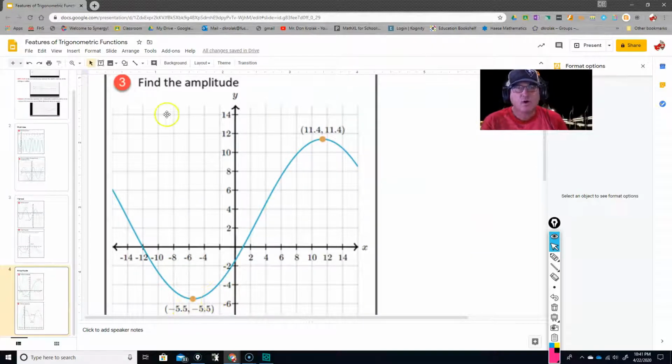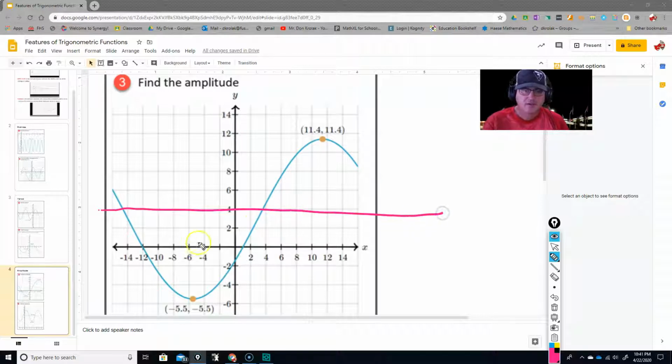One way that we could do this problem is we could figure out where the midline is, and then from that point we could find either that distance or this distance. Another way would be to take the distance from a high point to a low point and then divide it by 2.